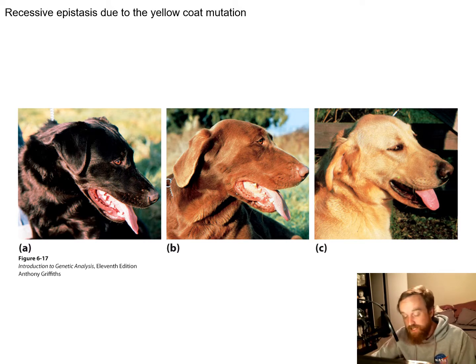So it gets made, but it needs this E allele to come in and actually put it into the fur of the dog. And so if that dog lacks a dominant E allele, then you have the blonde retrievers or blonde labs, the yellow labs, as opposed to either the black labs or the chocolate labs.